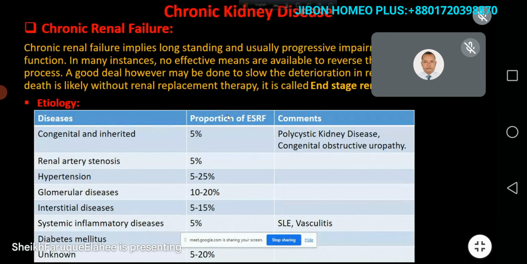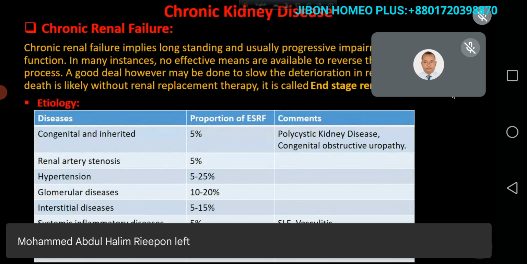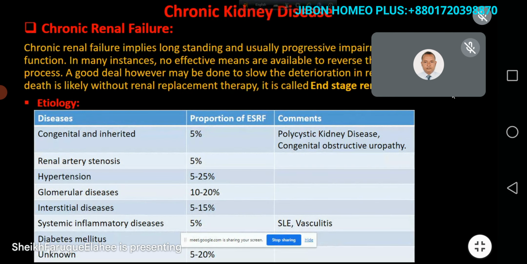As I told you, he can only delay its progress to complete renal failure. When death is likely without renal replacement therapy, it is called end-stage renal failure. So ultimately, a patient suffering from chronic kidney disease will attain a stage where his case cannot be reversed unless treated with dialysis or replacement therapy, or he will die. This stage is called ESRF, end-stage renal failure.